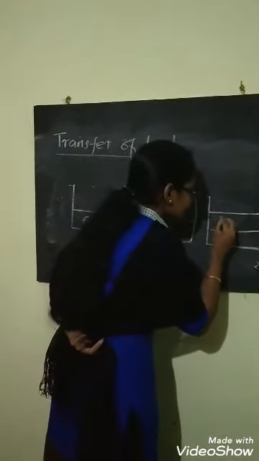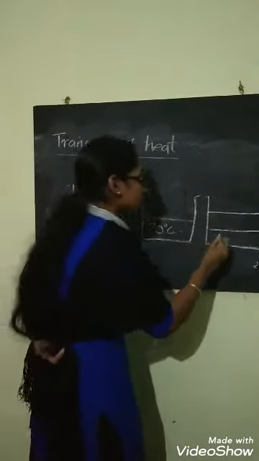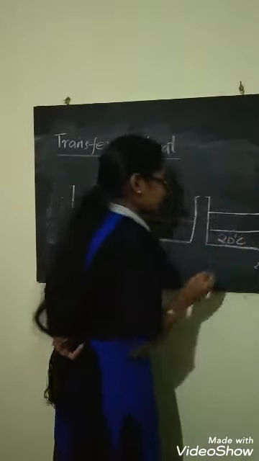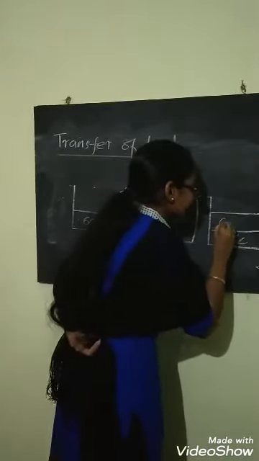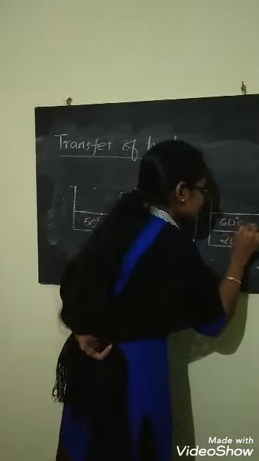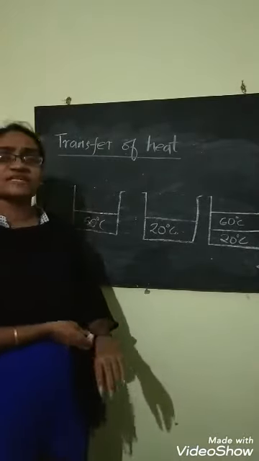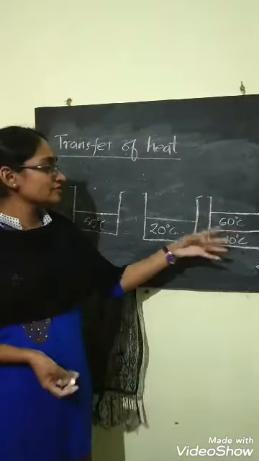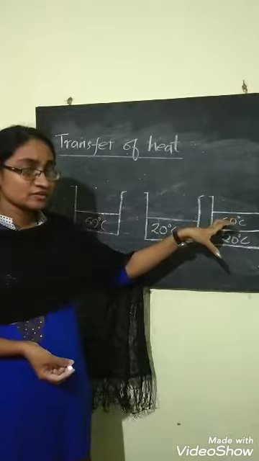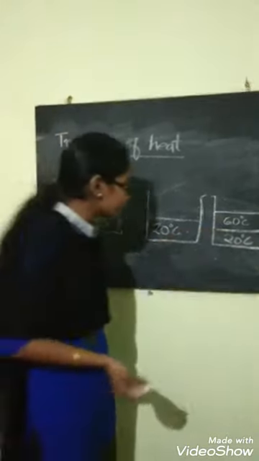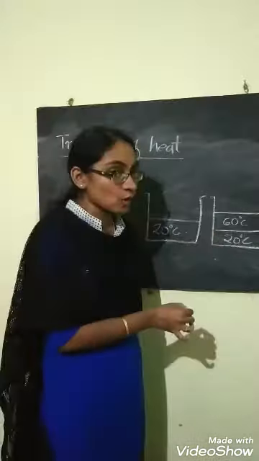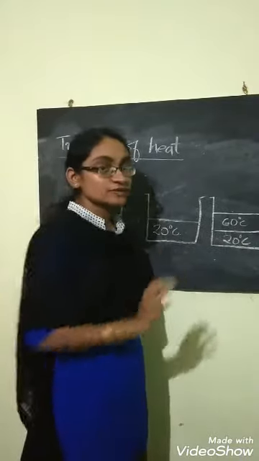Now here, when I first give this 20 degrees Celsius, then it is here, and then I give this 60 degrees Celsius water. Then what will happen? Will this 60 and 20 remain like this always? No. What happens? Here the heat will flow from somewhere to somewhere.